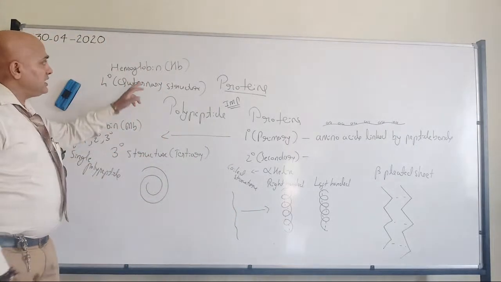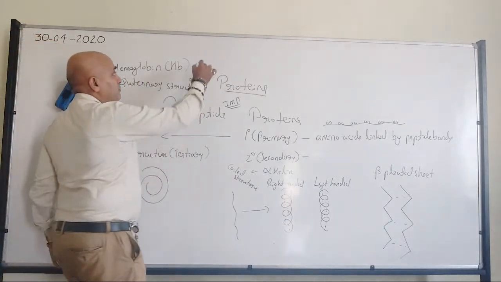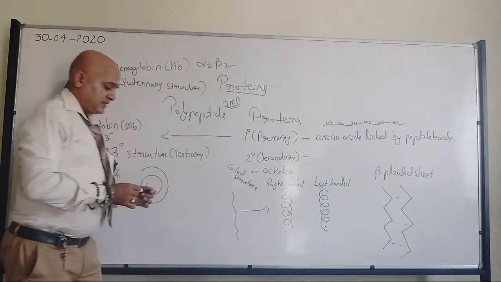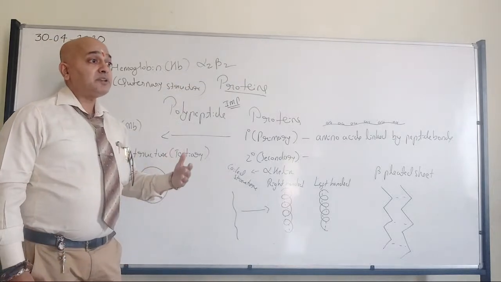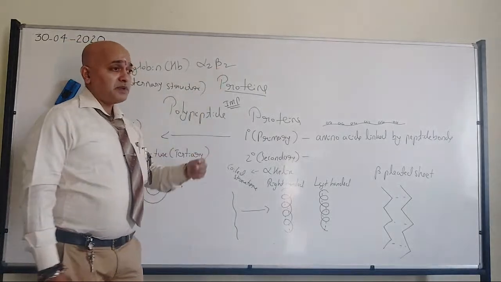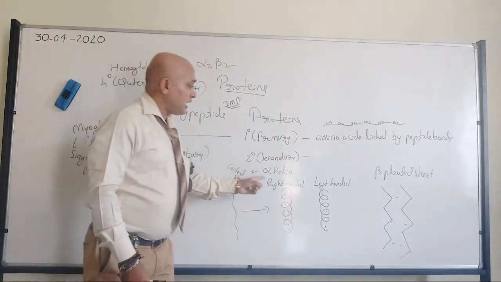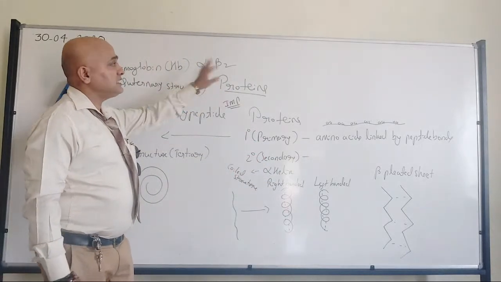Anyway, I am not going to detail, but hemoglobin has 4 polypeptides, alpha 2, beta 2, right? So alpha 2 means the same type of polypeptide, 2 copies. Beta 2 means the same type of polypeptide, 2 copies. Don't get confused with alpha helix and beta helix. I am not talking about alpha helix and beta helix here.